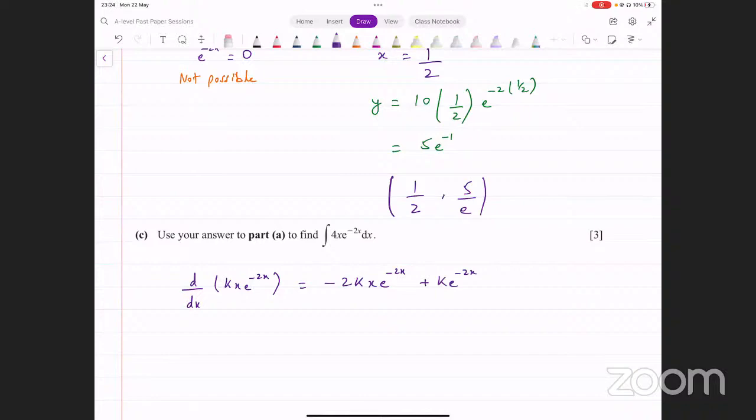Now look, we have to integrate. This is what we did in the first part. We have to use that somehow here.